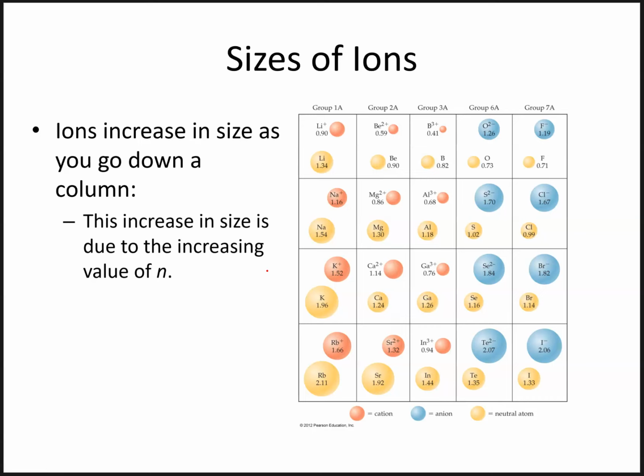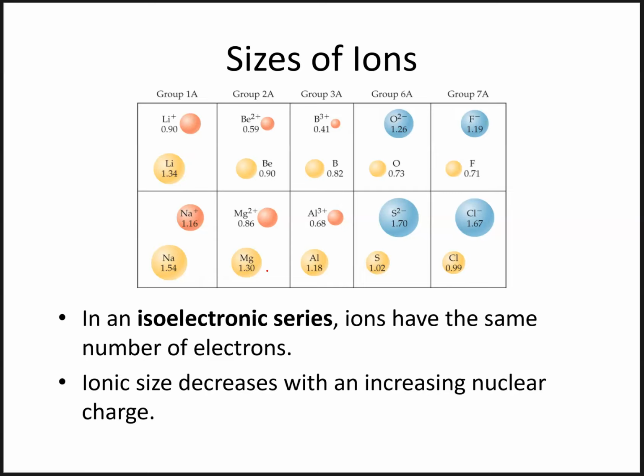Now, there's a particular way to organize elements which have the same number of electrons, and this is known as an isoelectronic series. So an isoelectronic series is a set of ions that have the same number of electrons.